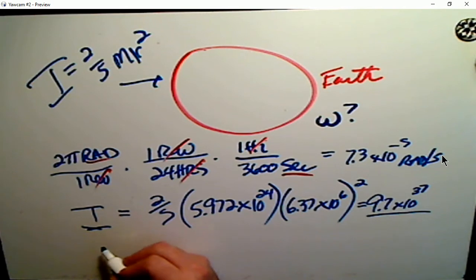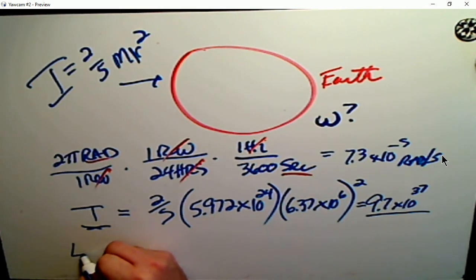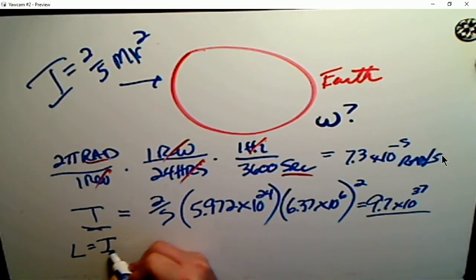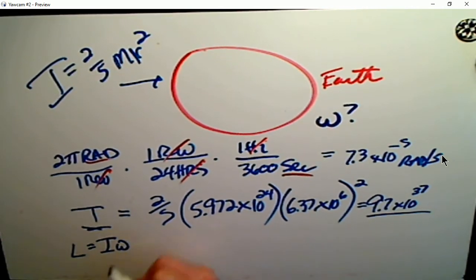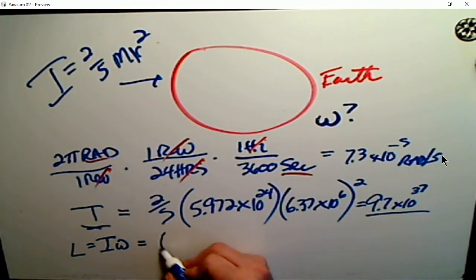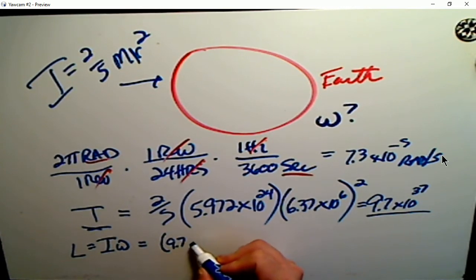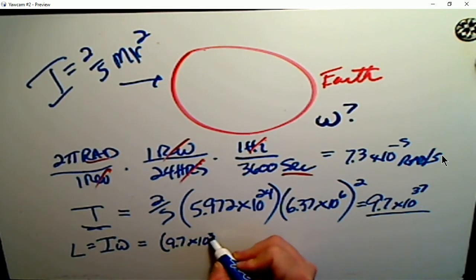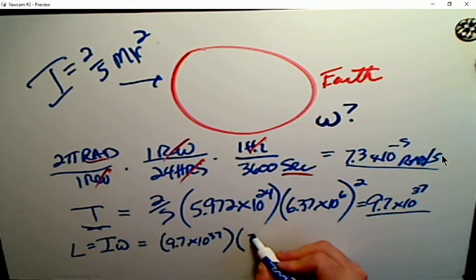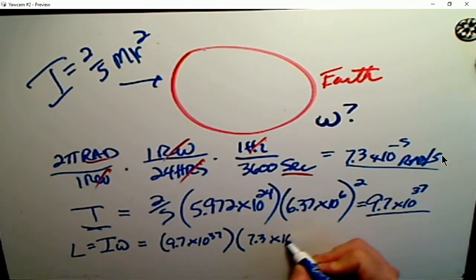But now, let's get the angular momentum, which is equal to moment of inertia times rads per second, the angular speed, which is equal to 9.7 times 10 to the 37 times our speed, 7.3 times 10 to the negative 5.